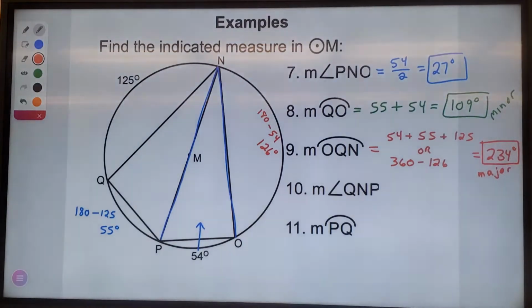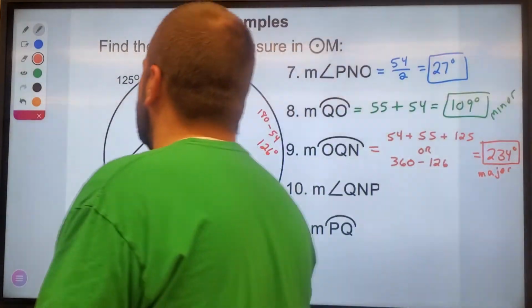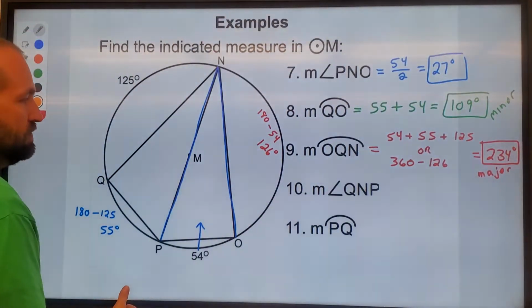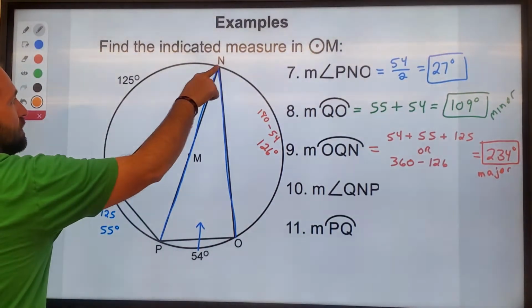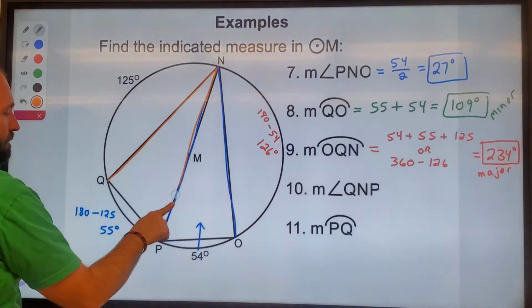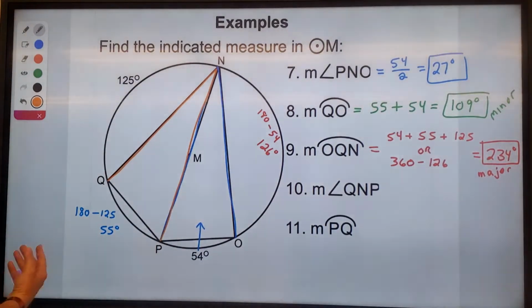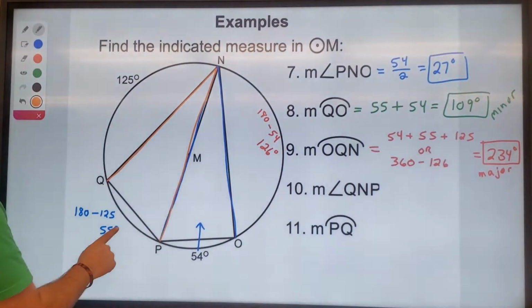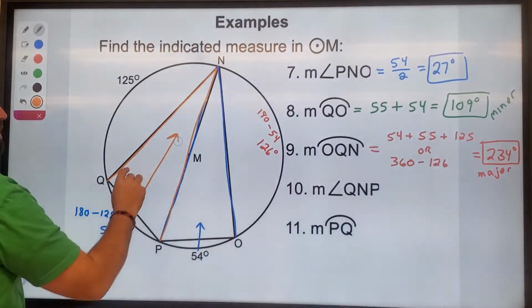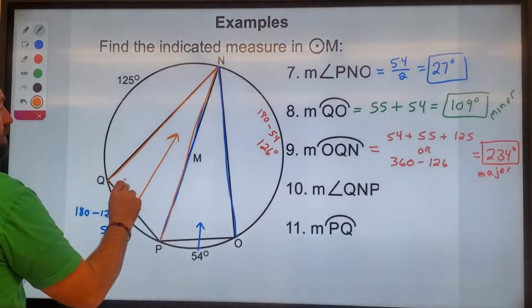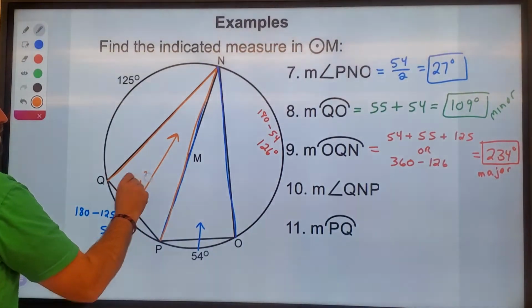Number 10 is then asking me for another angle. So again, I'm going to pay attention to an inscribed angle from Q to N to P now. I know I have this arc that we already found. So if I'm taking this and going my way in, again I'm going to divide by 2.